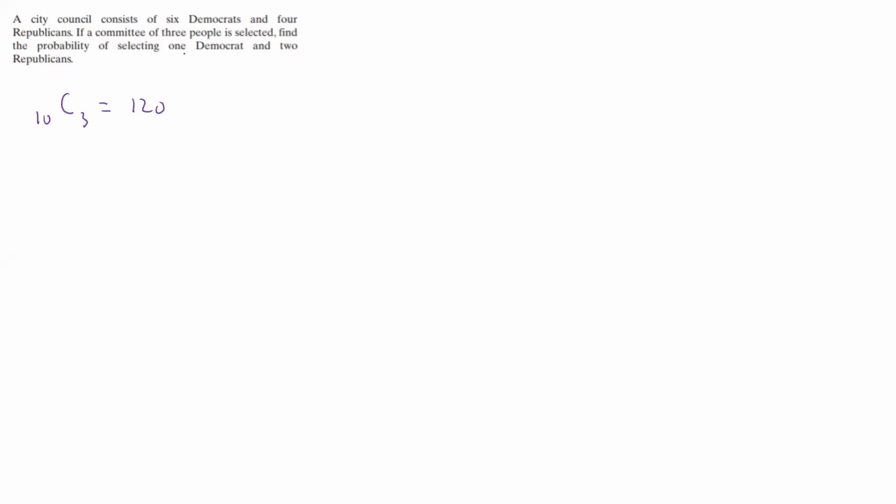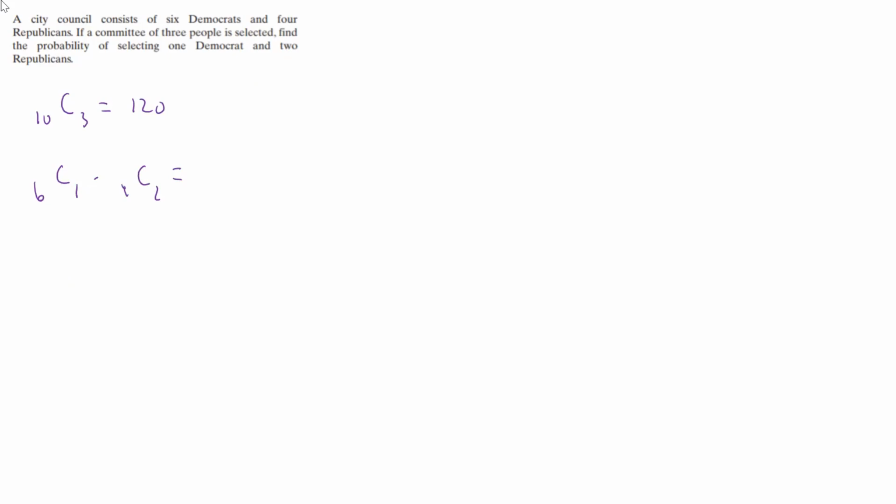And the number of ways of selecting 1 Democrat out of 6 is 6C1. And we have 4 Republicans, and we're choosing 2, so we're going to have 4C2. That's going to be our other one.